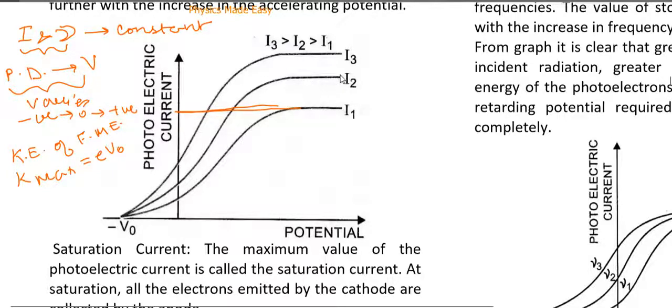This is the saturation photocurrent for I3, for I2, and this is the saturation photocurrent for I1. So these are the values of saturation current, I1, I2 and I3.